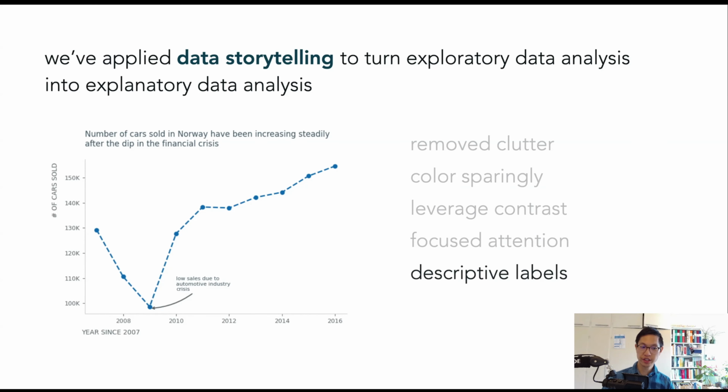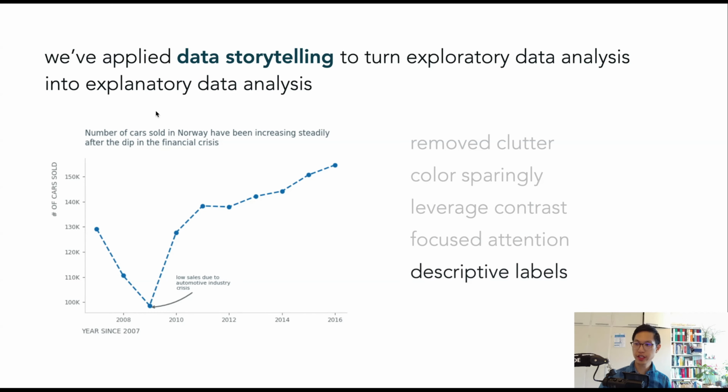Focused the attention. Used descriptive labels. So these are a few things that we have done to turn exploratory data analysis into explanatory data analysis, which we could use our reports for presentations. We could put this into a slide and explain this to our audience.